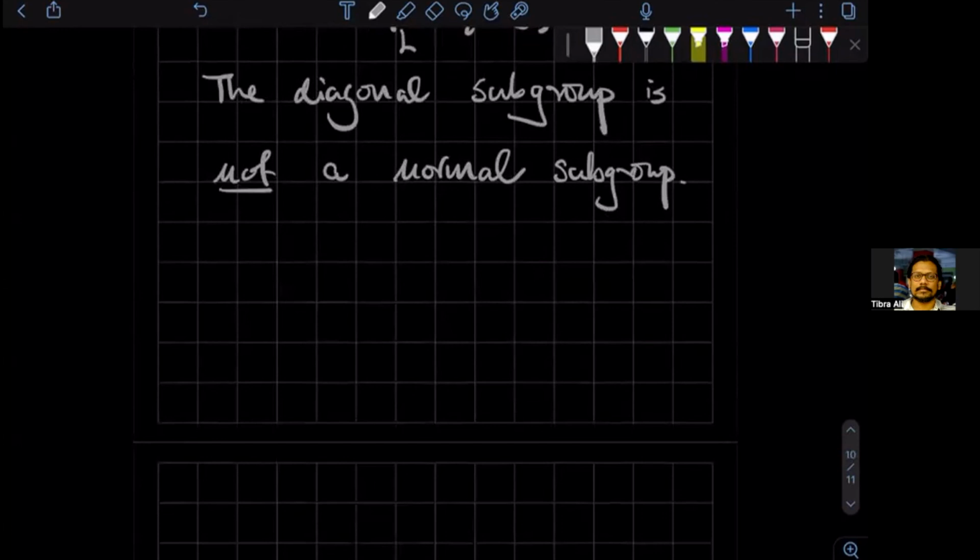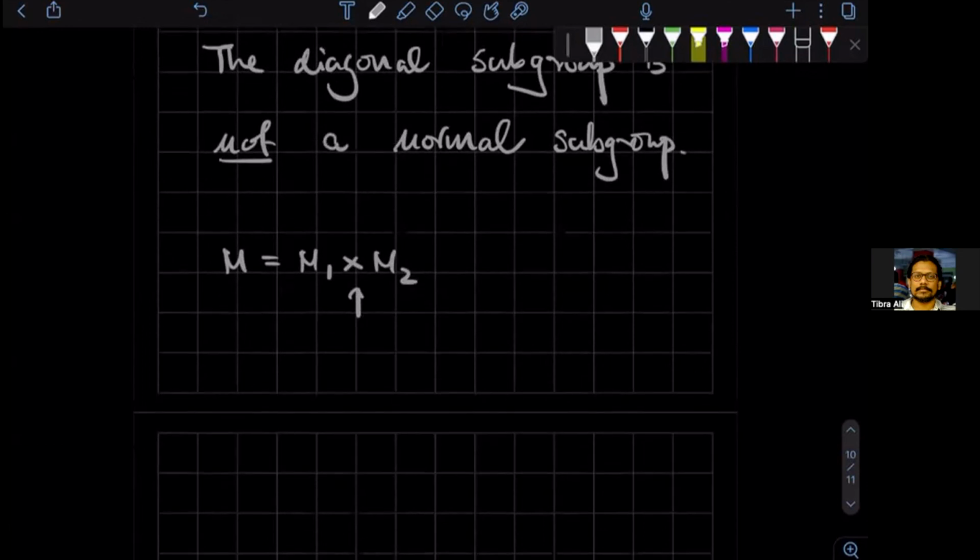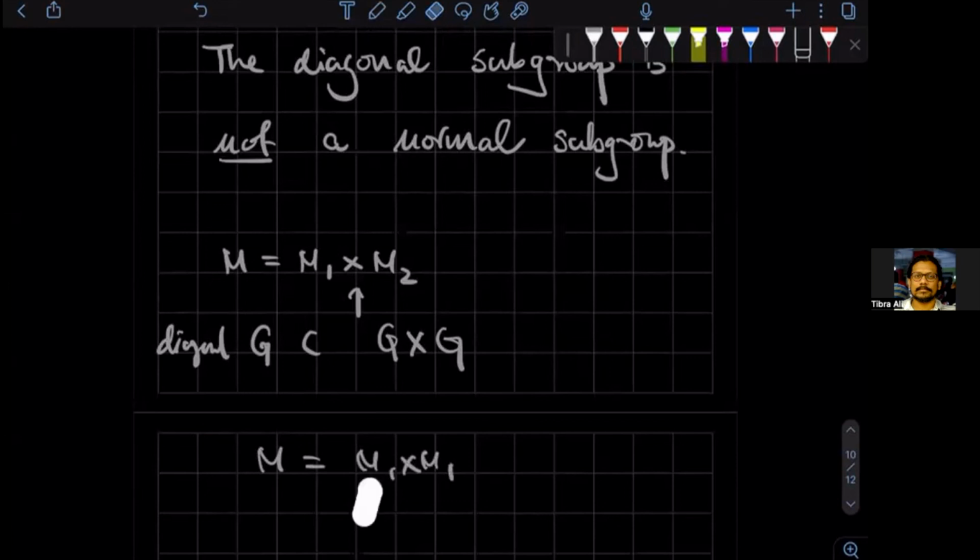A matrix of the group would be M1 cross M2. This is not matrix multiplication, okay? This is the direct product. And elements of the diagonal G of G cross G would be of the form M1 cross M1. Clearly, this matrix is not a diagonal matrix because they don't have to be.